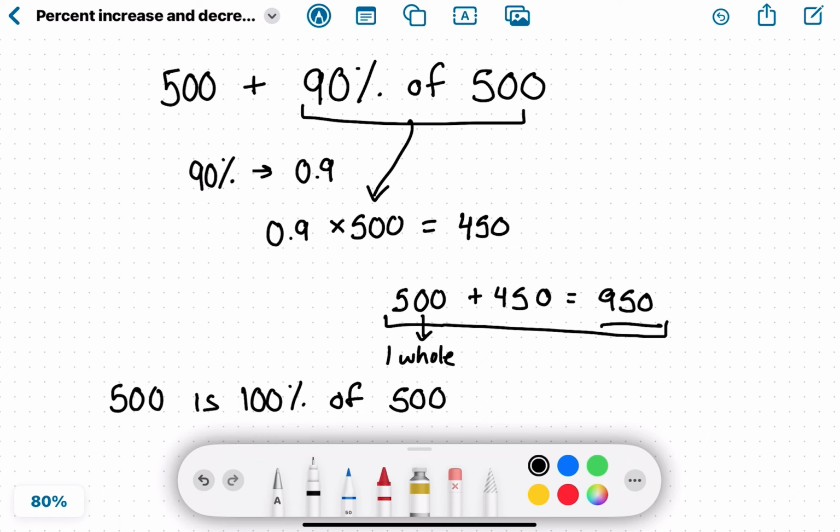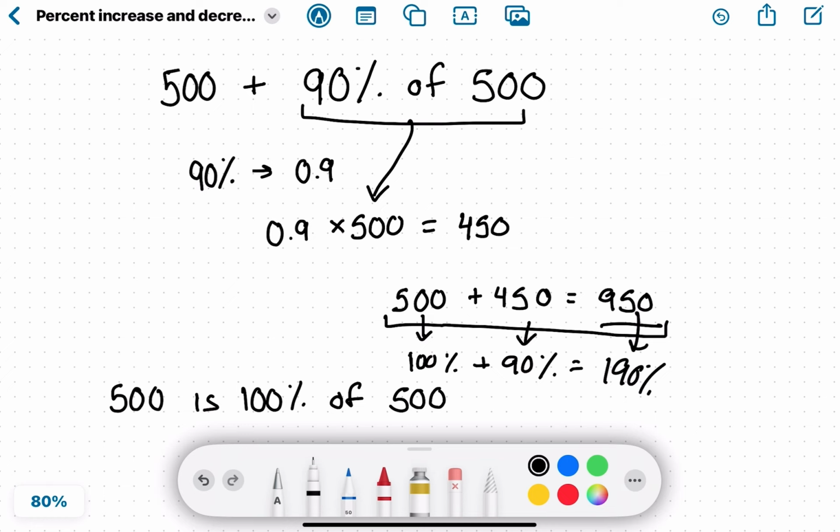So we're doing 100% plus 90%. That's basically what we're doing. So yes, you can calculate 90% and then add it to 100%, but 100% and 90% is 190%. 950 is 190% of 500.